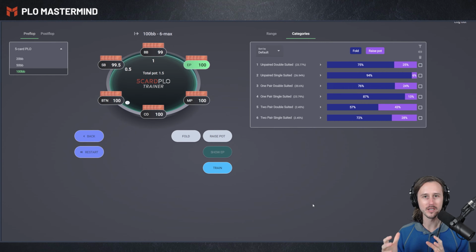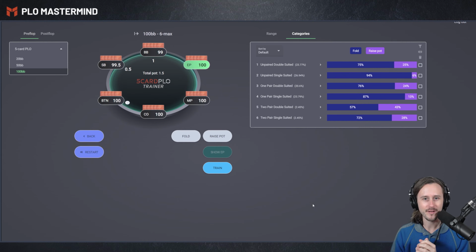In 5-card PLO, you will extremely often have a double suited hand. Almost 48% of the time, your hand will be double suited, while at 4-card PLO, you will have a double suited hand roughly 13% of the time. So a double suited hand is something that occurs all the time basically in 5-card PLO.